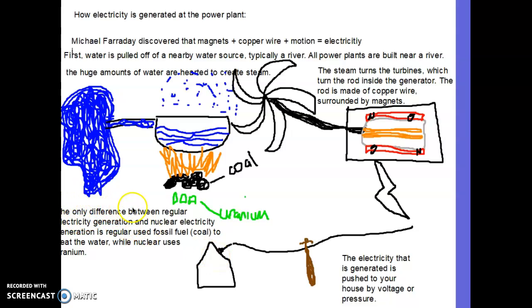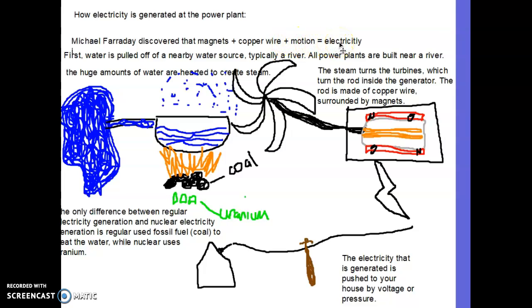So the only difference between a regular electricity plant or generation and nuclear electricity generation is that the regular one uses fossil fuel or coal to heat the water, while nuclear uses uranium. So last thing, you have to have magnets, copper wire, and motion to produce electricity.